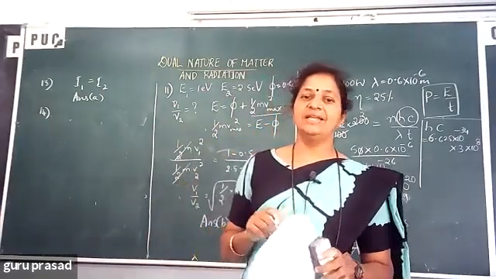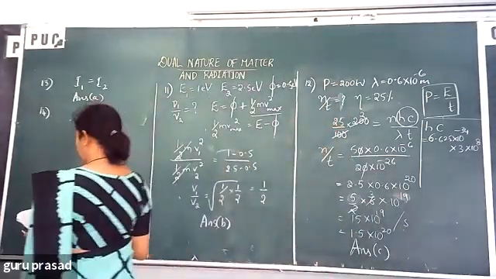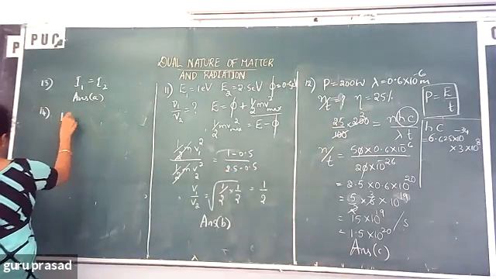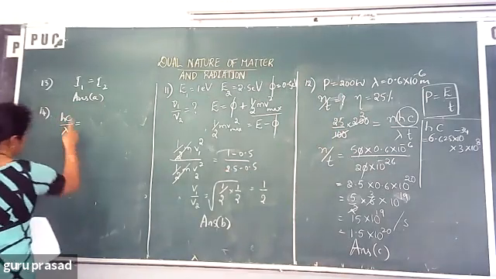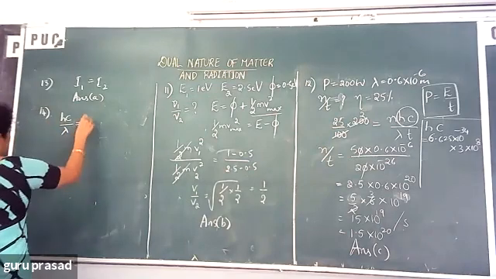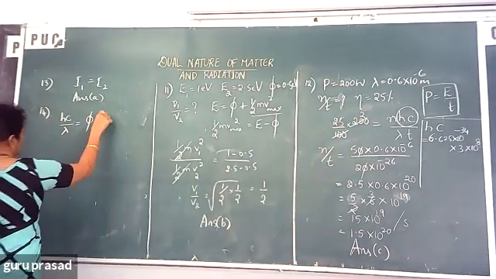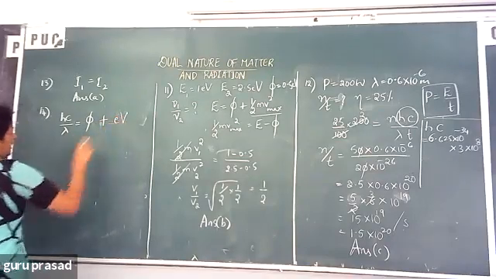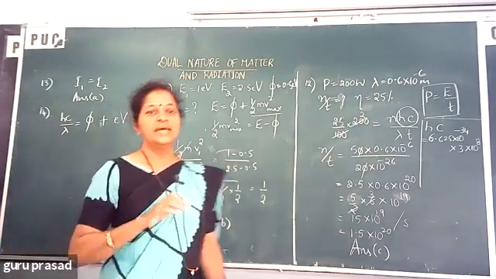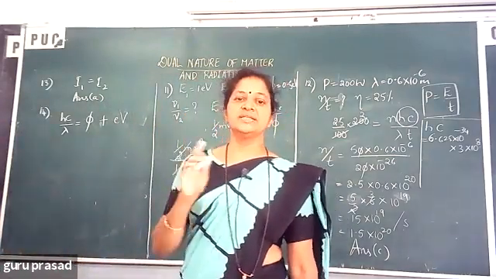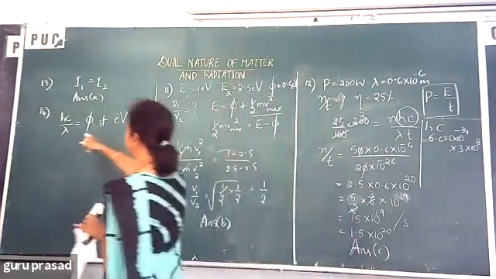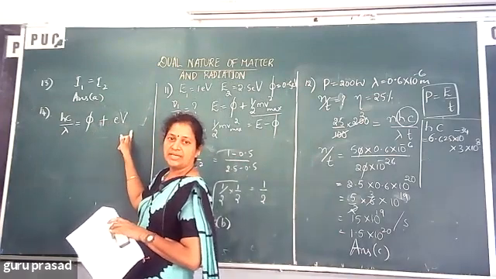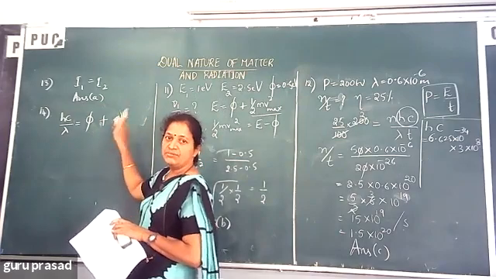So first get the wavelength value. Now what is the equation? We have hc by lambda, the incident radiation's energy, equals phi, the work function, plus the maximum kinetic energy, which is given in terms of potential, so eV.